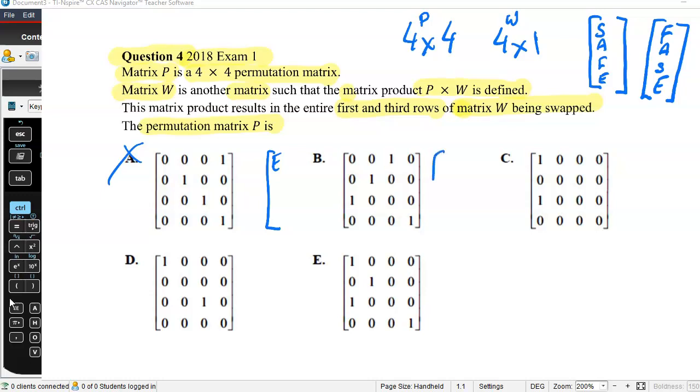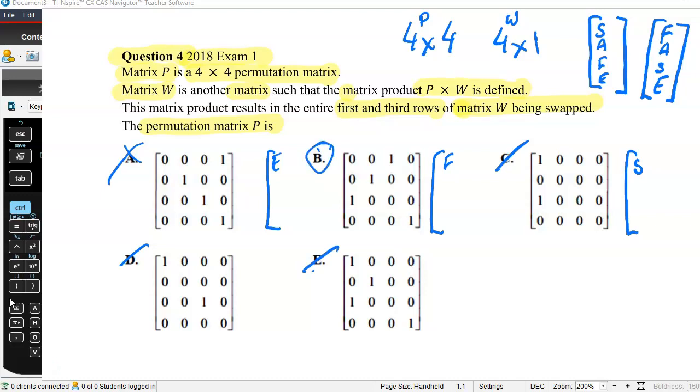That would then put the third letter into the first position. So that's a possibility. C. That turns on the first letter. So it's S. So no, that won't do it, will it? D again turns on that first letter. We don't need that. E. No. So it is B.